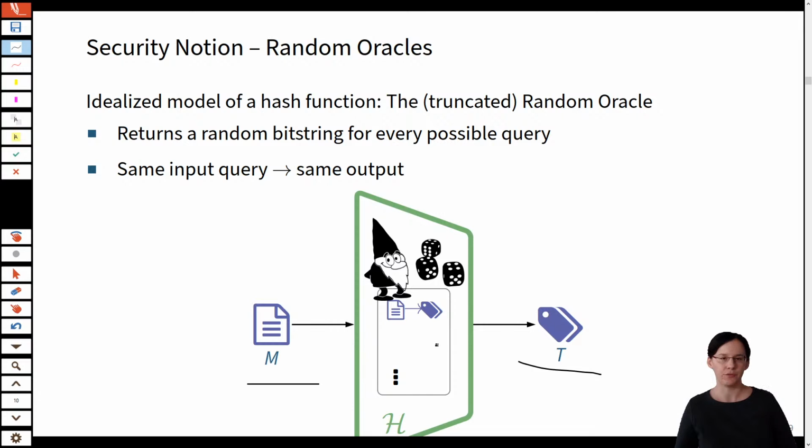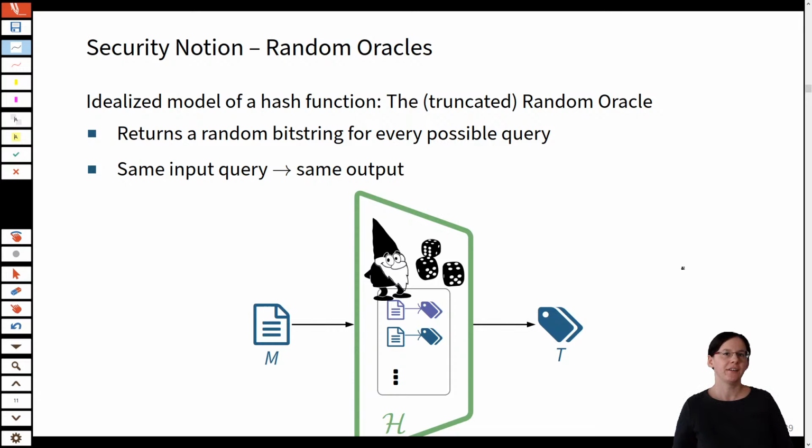However, whenever I give it a fresh message it hasn't seen yet, it will produce a uniformly random tag. And it will then essentially have a list of tags it has already computed. So a list of this message maps to this output. And if I get a new input and I see it already in this list, then I just return the stored value, and otherwise I return a uniformly random value that is freshly generated.